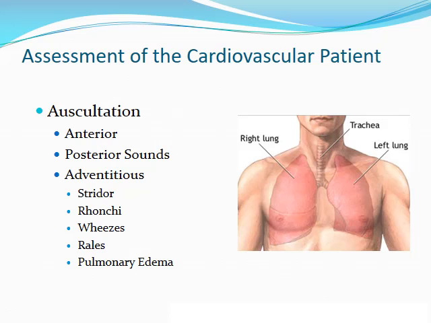Auscultate. Adventitious breath sounds. Listen for that stridor and rhonchi. Remember, the rhonchi is in the bronchi and those big windpipes. Your wheezing is going to be in those lower areas.